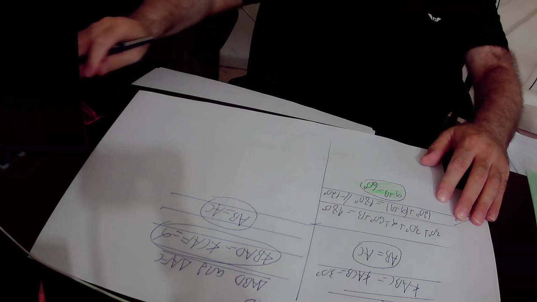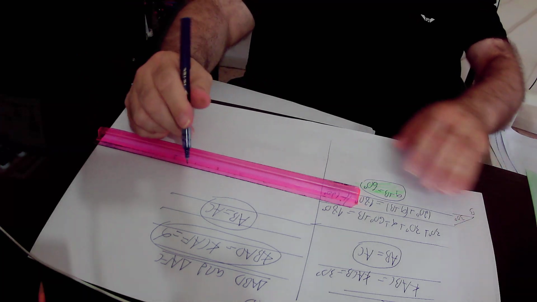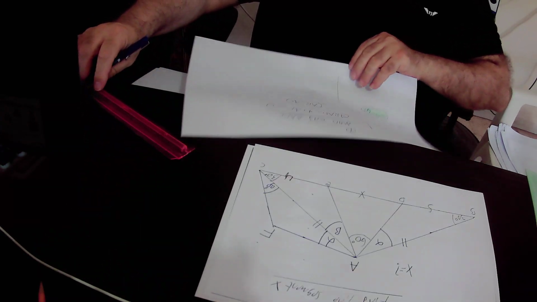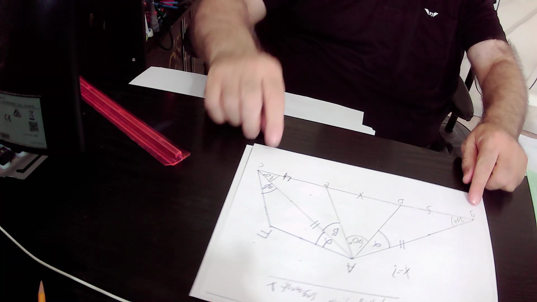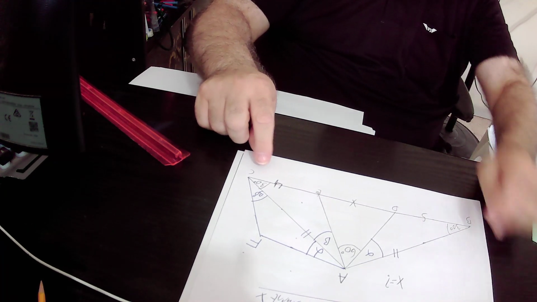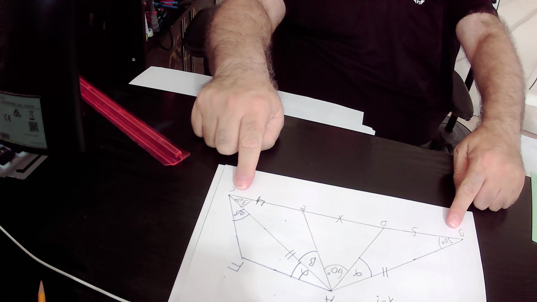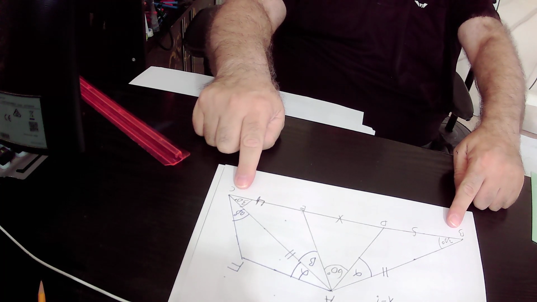Okay. And finally, those two angles are both equal to 30 degrees, therefore they are equal to each other.